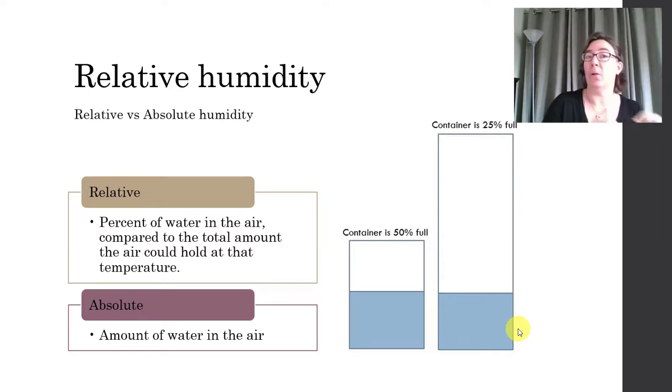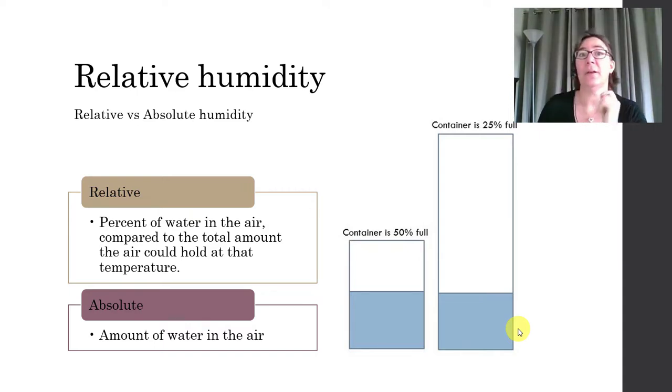Cool air can only hold a small amount of moisture. So the absolute humidity at any time is the amount of water that's in the air. The relative humidity at any time is the percent of the water in the air compared to the total amount that the air could actually hold at that temperature.